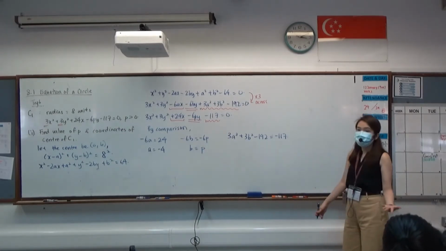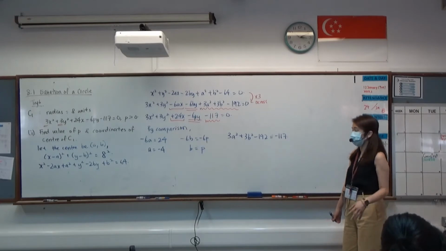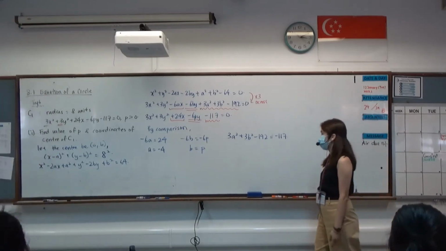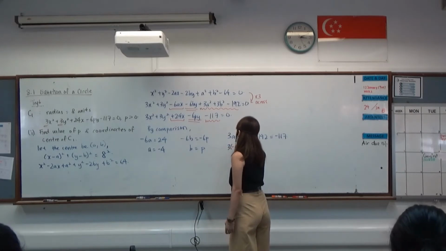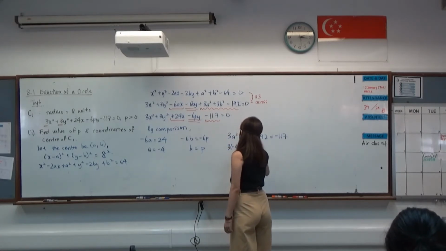Okay, we got to find out what is P first, or we can find out what B is first before we find out what is the center. So substituting it into here.